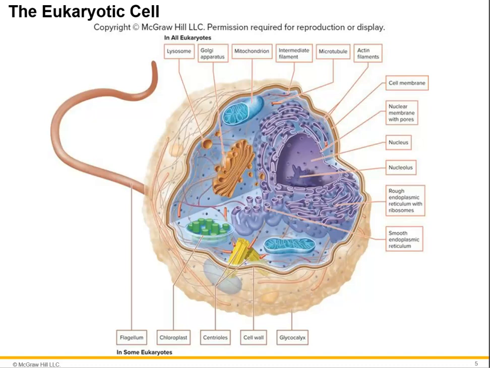All right, this is a graphic just kind of pointing out the different anatomical parts of the eukaryotic cell that we'll be talking about. You can see up here we have a list of things that are found in all eukaryotes. Then down here there's a much shorter list of things only found in some eukaryotes.